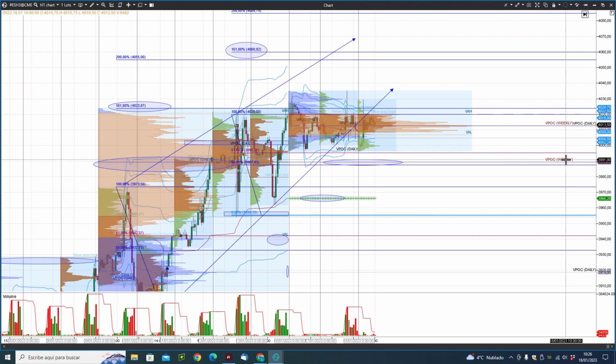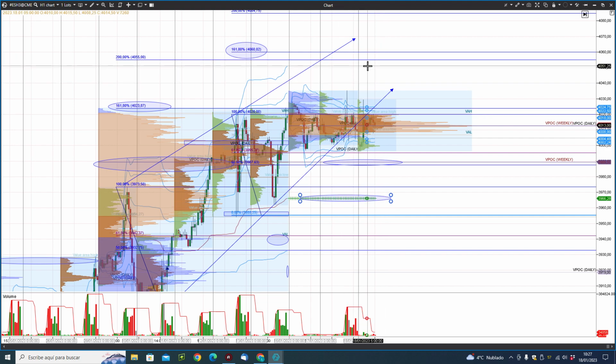This is a naked VPOC, so it's a very important point. The second one, as happened on Dow Jones, is the final of the weekly VWAP, 3,966. In case of going up, the projection of this pullback could take the price to 4,060.